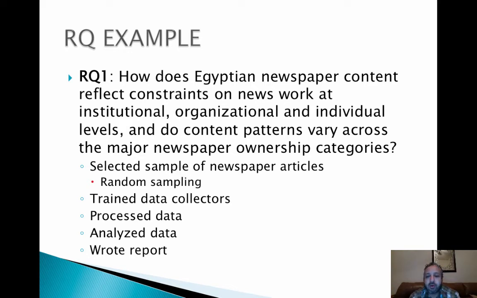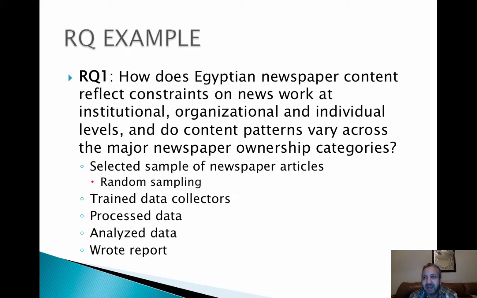So I wanted to know, did these different levels of constraints actually exert themselves on journalists at Egyptian newspapers? And the second part of the question asks about the newspaper ownership categories.